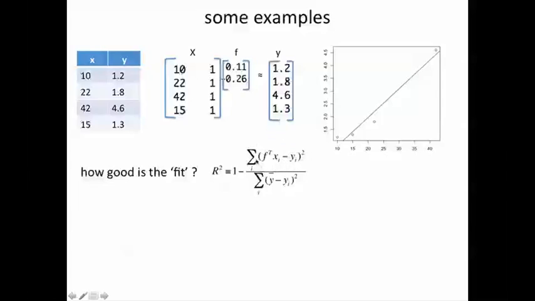You square it and sum, and you'll divide that by the variation in y about its mean. So y has a certain mean, which could be somewhere here, and you want to see how the sum of all these errors compares with the actual variation in the y values across their mean.